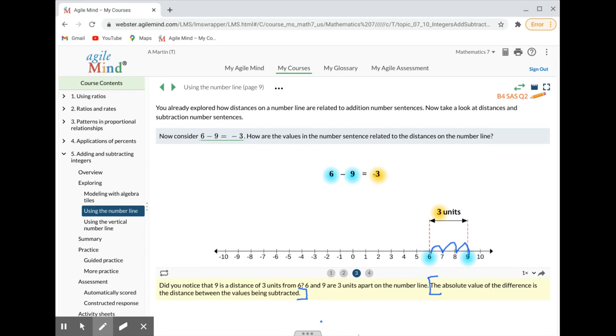Couldn't we just say, if you're looking at these 2 numbers, whatever the distance is between them, that's going to be the absolute value of their difference? But it would be their additive inverse.